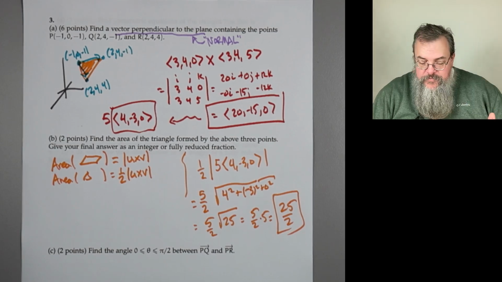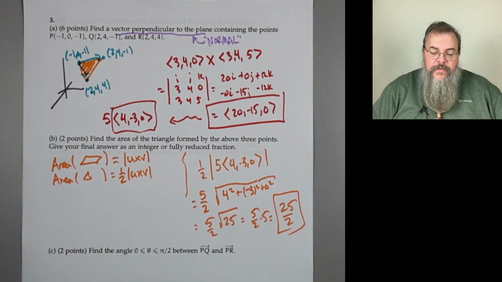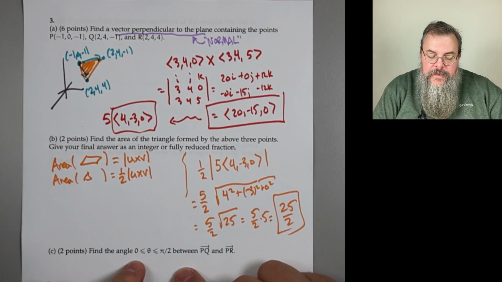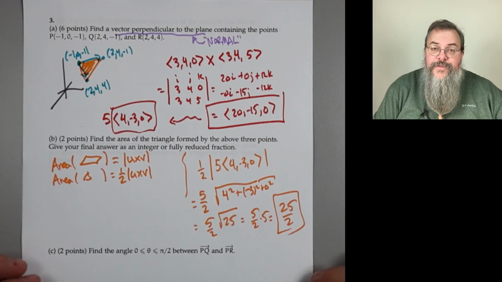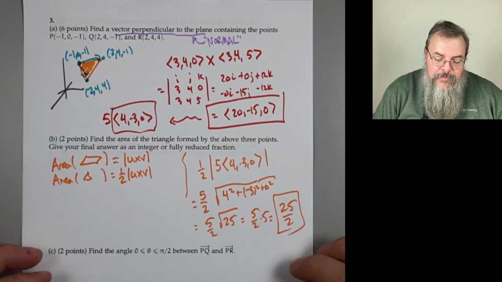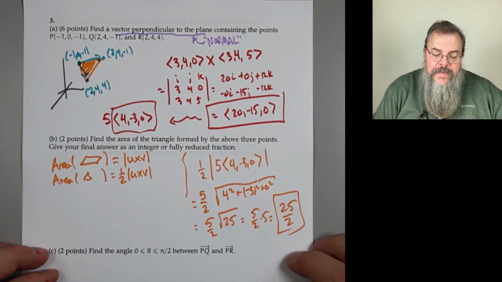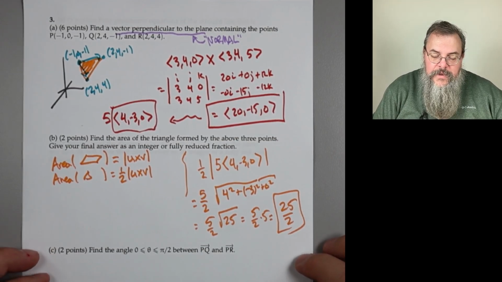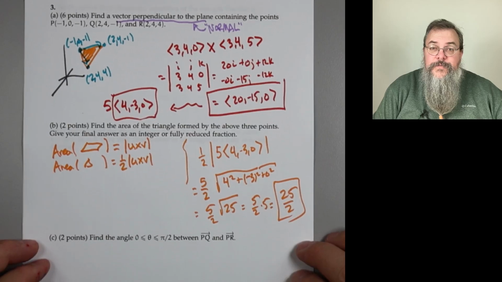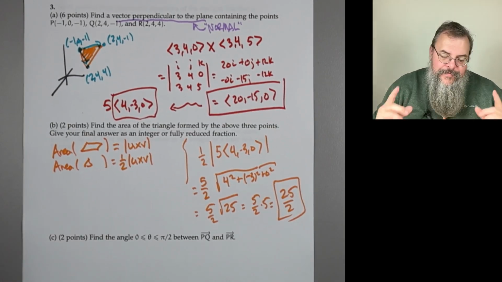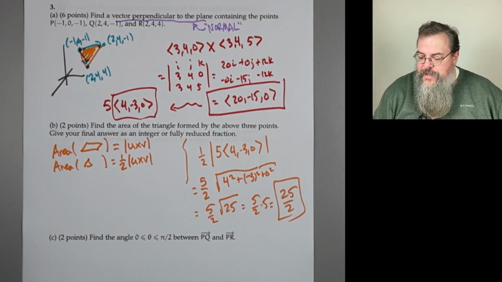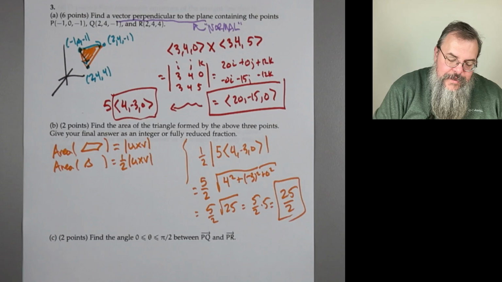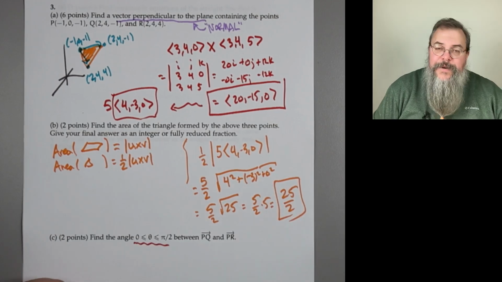Now, what's our last part? Find the angle between PQ and PR. Okay, so we have to find an angle. Now, how do we find it? Well, technically, I will point out that whoever wrote this has to be careful here.